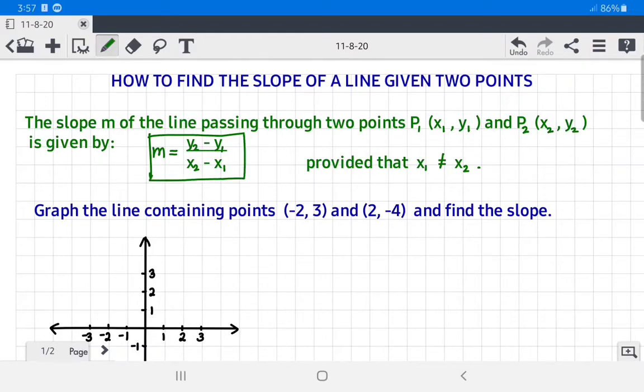This is the formula, provided that x1 is not equal to x2.